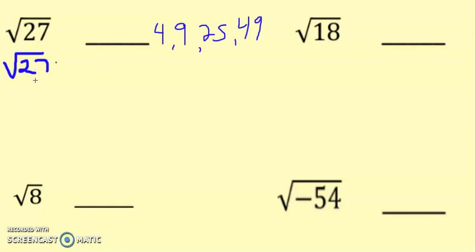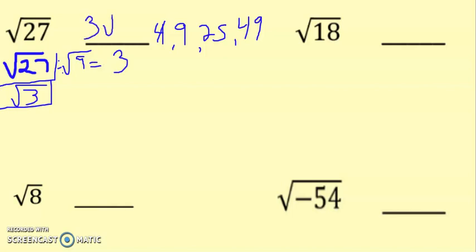Four doesn't go into 27. 9 goes into 27 though, so let's go ahead and divide out 9. 27 divided by 9 is 3. None of these numbers can go into 3 evenly, so we're done with that. The square root of 9 is 3. So our simplified radical is 3 square root of 3.